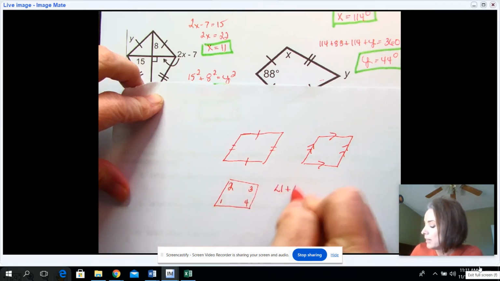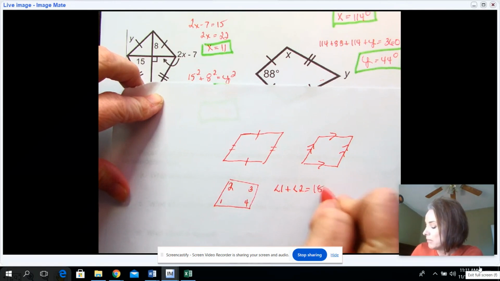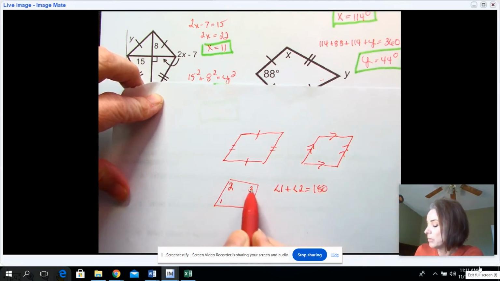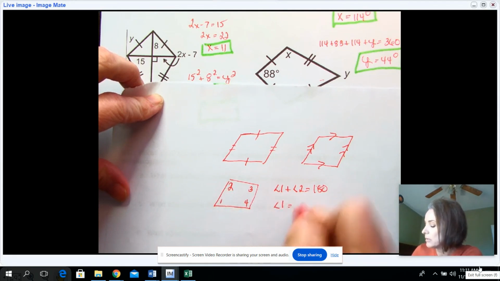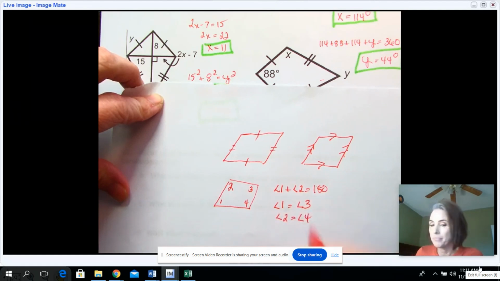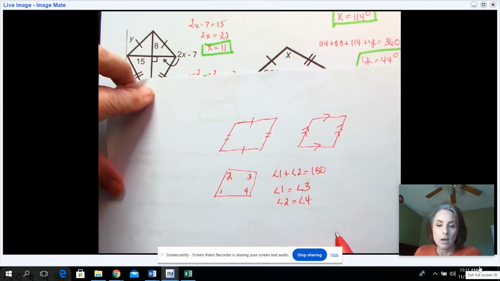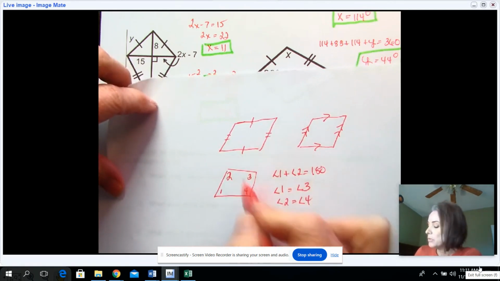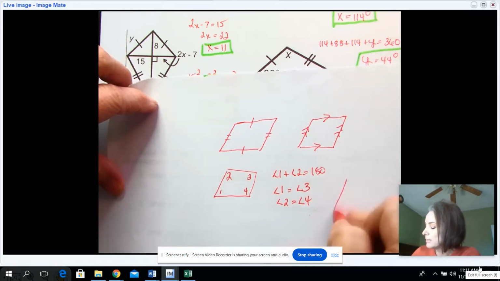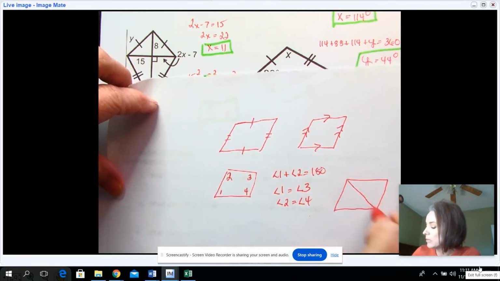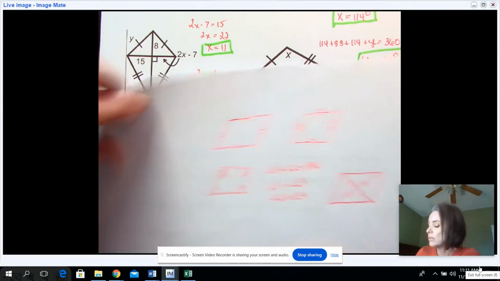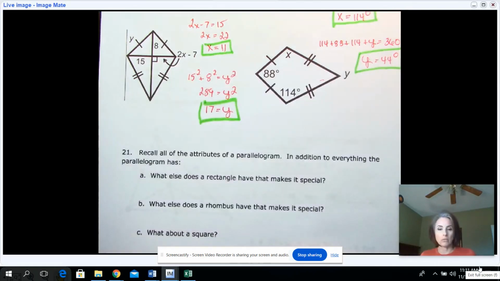Angle 1 plus angle 2 are supplementary. 2 and 3 are supplementary, 3 and 4 are supplementary, 4 and 1 are supplementary. So consecutive angles are supplementary, and opposite angles are congruent. So angle 1 equals angle 3, angle 2 equals angle 4. And the last one is that on a parallelogram, the diagonals bisect each other.